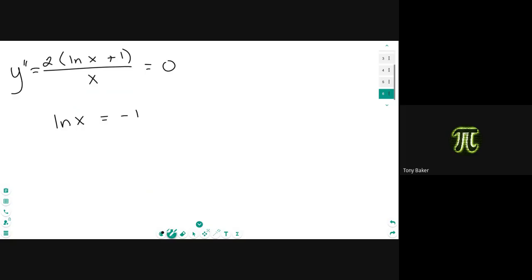So how do I get rid of the ln of x, or the ln? What's the inverse of ln? E. Sorry, it's supposed to be e. So x is e to the -1st, or 1 over e.